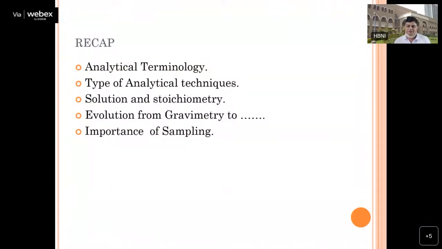Now we start with the recap, that is the analytical terminology. We covered first the sample, then the analyte and matrix, and then various kinds of concentrations, what is meant by ppm, ppb, how to define solutions, molarity, normality, calibration curve, and the sensitivity of the instrument.